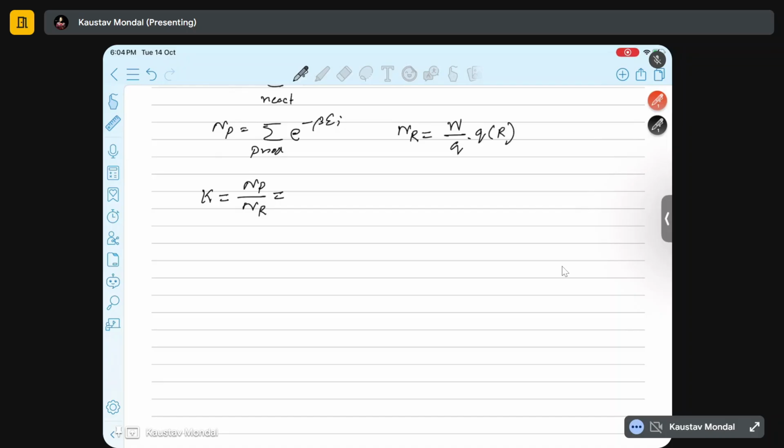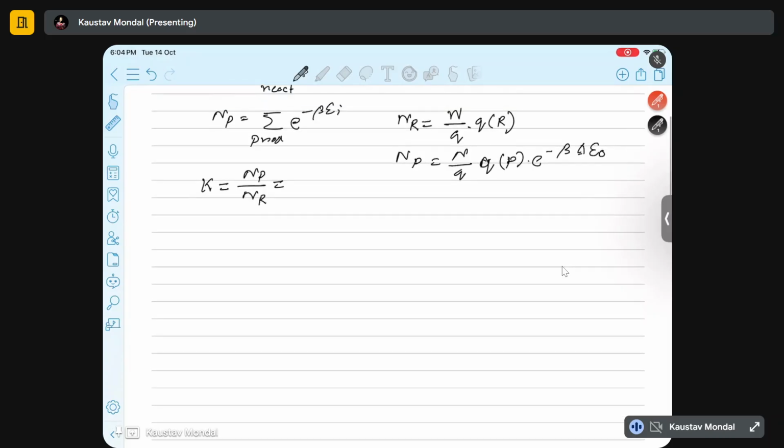QR is the molecular partition function for the reactants. Similarly for products, N by Q, QP into e to the power minus beta delta epsilon 0.